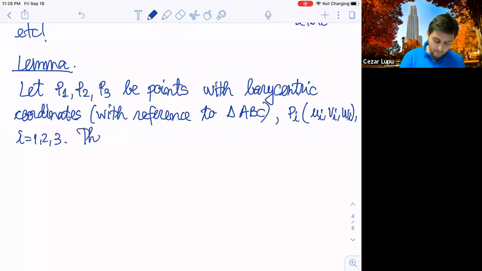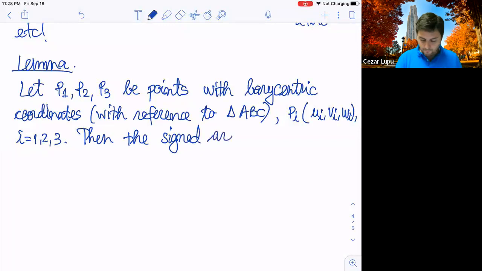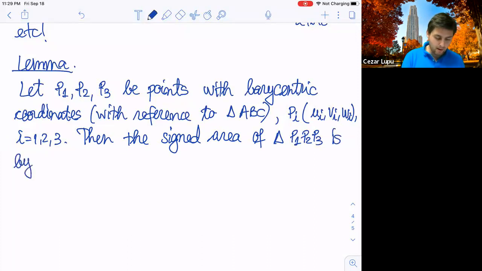And then the signed area of the triangle P1, P2, P3 is given by the following determinant formula.